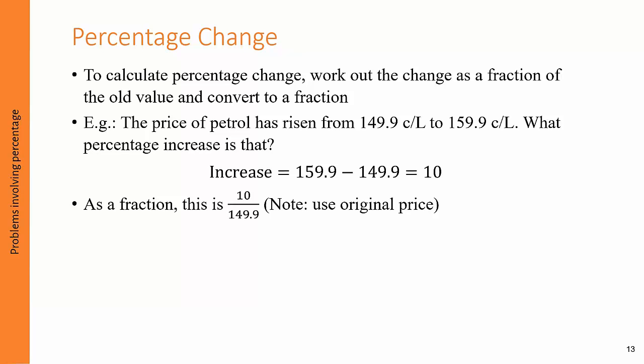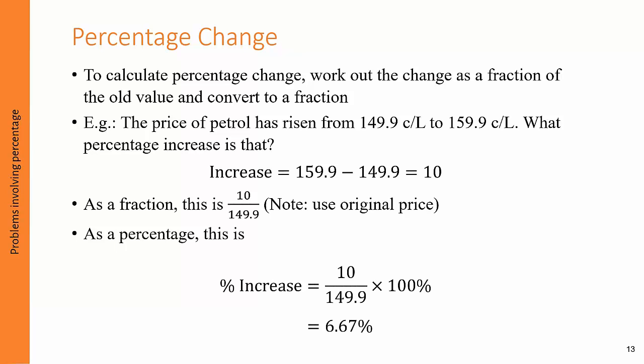Express this as a fraction of the old amount, the original amount, so it's 10 over 149.9, not the new amount but over the old amount. And then we need to express that as a percentage, so the percentage increase will be 10 over the 149.9 multiplied by 1 once again, expressed as 100%. And then we will do that calculation on a calculator. We can, of course, do 10 times 100 is 1,000 divided by 149.9 to get our answer of 6.67% rounded off.